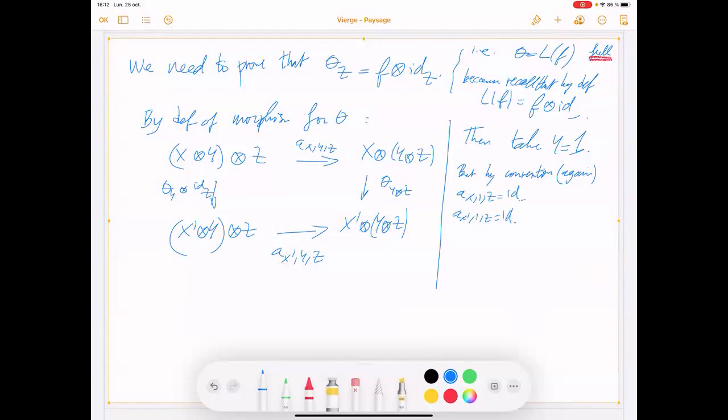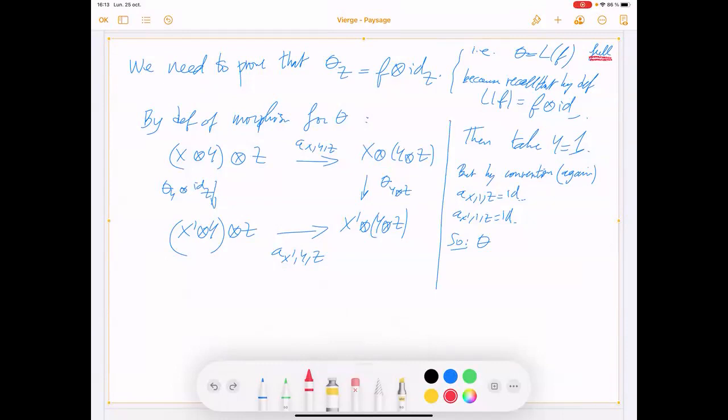So you have theta 1. For y equal 1, you have that equal that, because this is identity here.